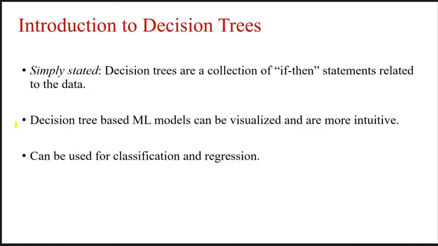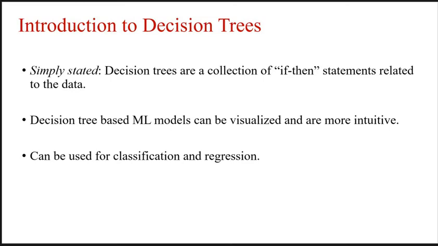So in simple words, decision trees are just a collection of if-then-else statements. And there are a lot of benefits of decision trees. Machine learning models in general can be quite complex.